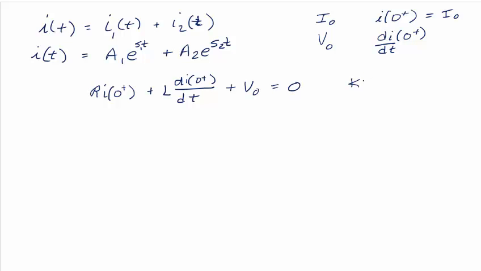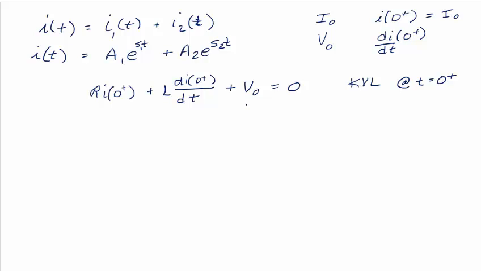So this is our KVL written again, but at t equals 0 plus, the instant we're looking at the response of this circuit. So I've put initial conditions in here.